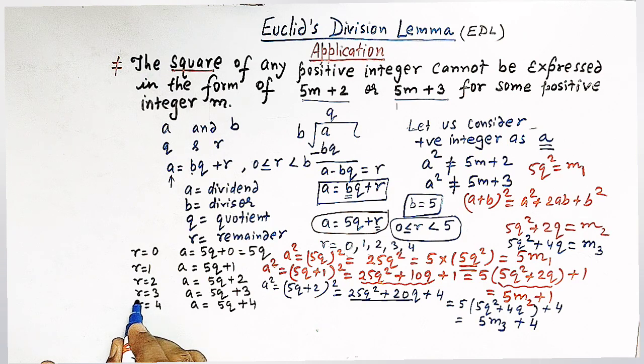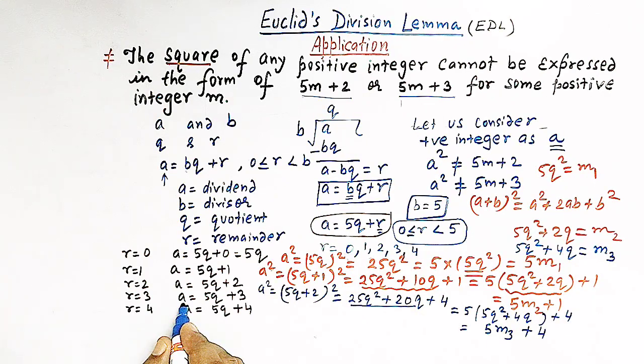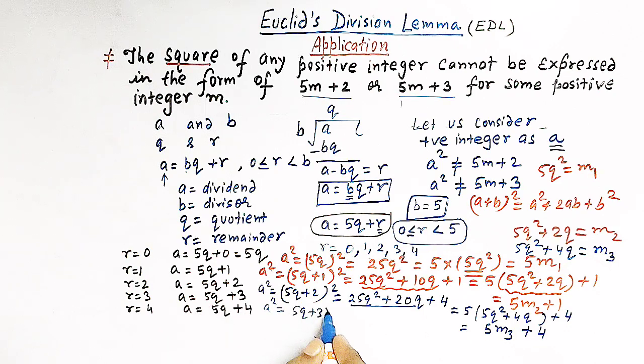So let us take now r is equal to 3. So here we have a square, (5q plus 3) square. So this is 25q square. Then we have the 2ab term, that is 2 times 5q times 3, that is 30q, and here we have 9, right? And see, here we have 25q square plus 30q.